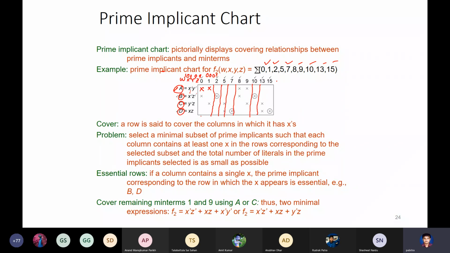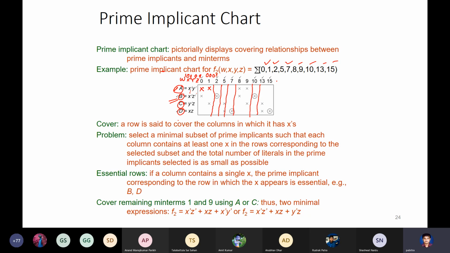There is only one cross in the column number 2, and that cross corresponds to B, the prime implicant B. So that means in the final logic expression, if you want to cover min term number 2, you have to have prime implicant B. Otherwise, you cannot cover min term 2 because that's the only cross you have in that column.